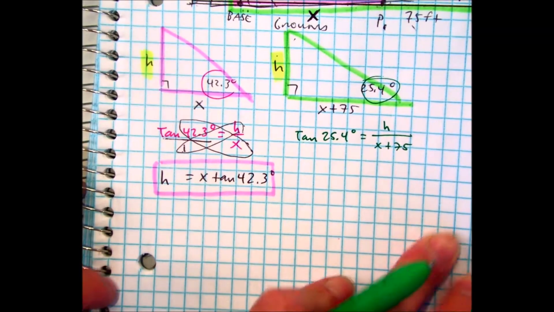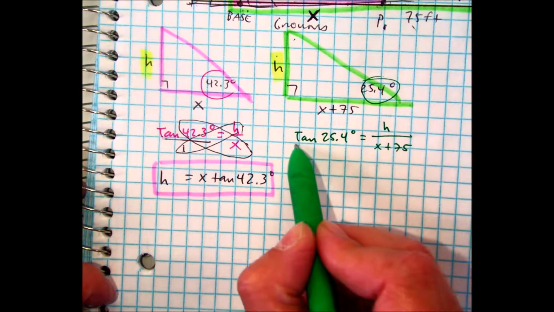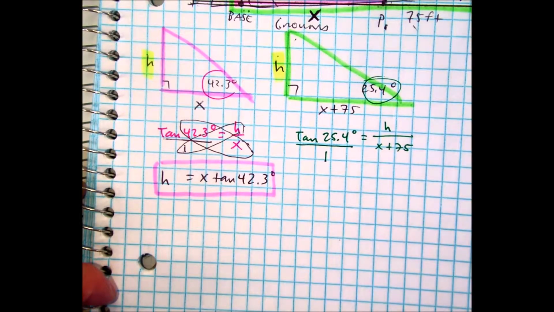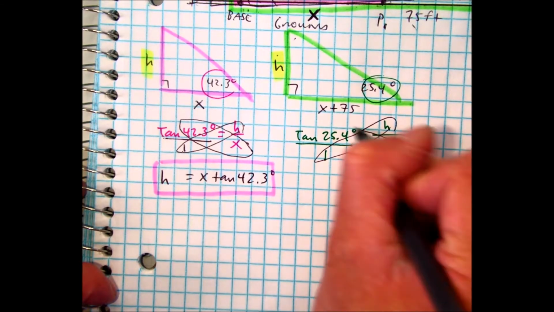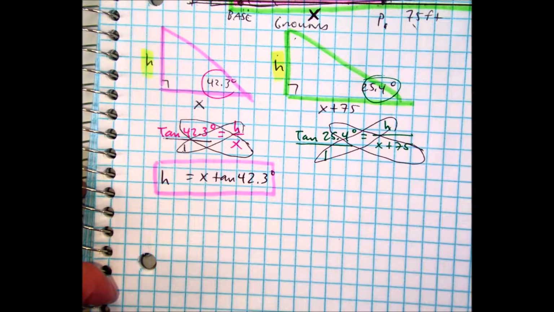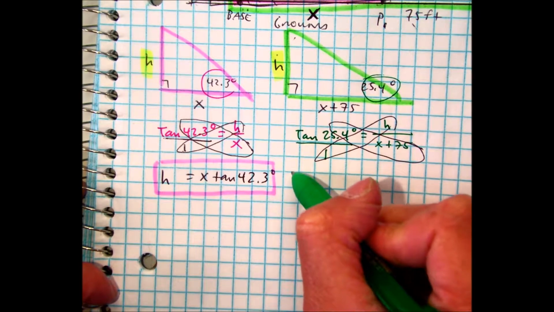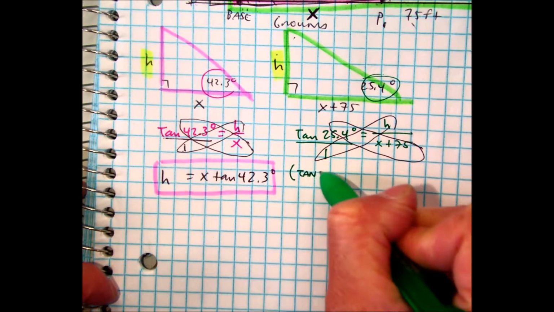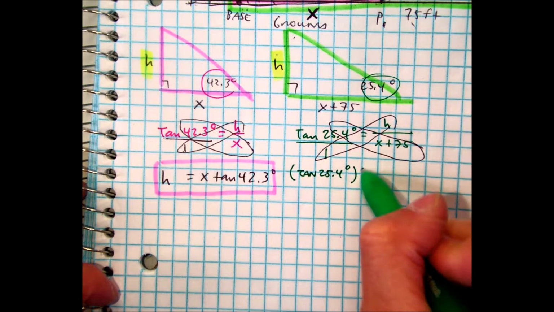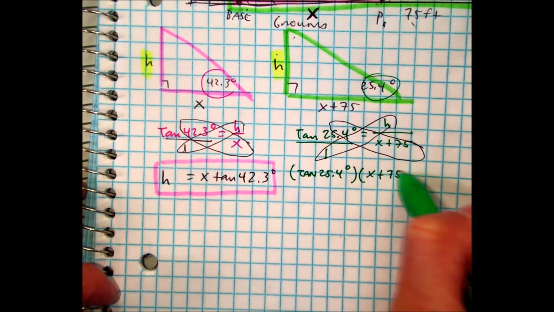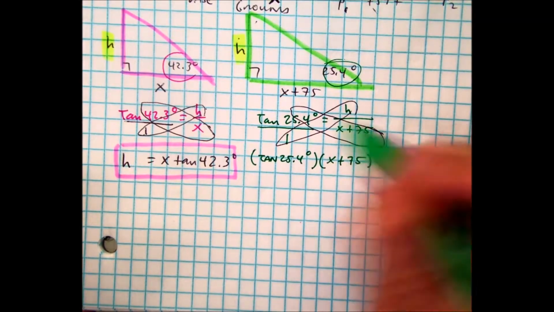System of equations, that method is called substitution. So if I put this over 1 and cross multiply, I'm going to get tangent of 25.4 degrees times the quantity x plus 75 equals h.